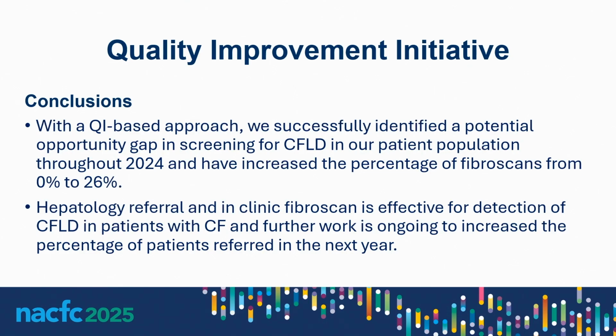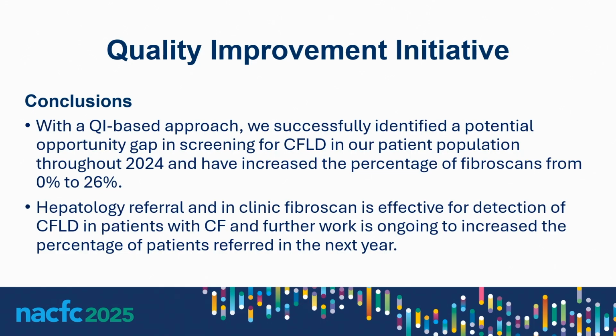So the conclusions were, with a QI-based approach, we successfully identified a potential opportunity gap in screening for CF liver disease in our patient population throughout 2024, and have increased the percentage of FibroScans from 0 to 26%. So there's still work to be done.